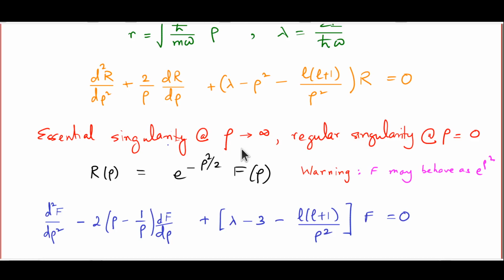Let's take a look at what happens if you tried the power series solution for the first equation. Term with rho to the n would end up giving you rho to the n minus 2 here. This one will also give you rho to the n minus 2. This term will also give you rho to the n minus 2. This term will give you rho to the n. But this term will give you rho to the n plus 2.